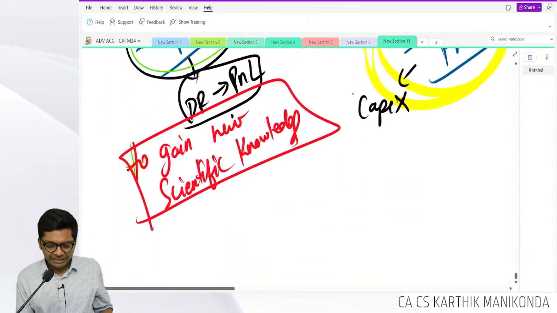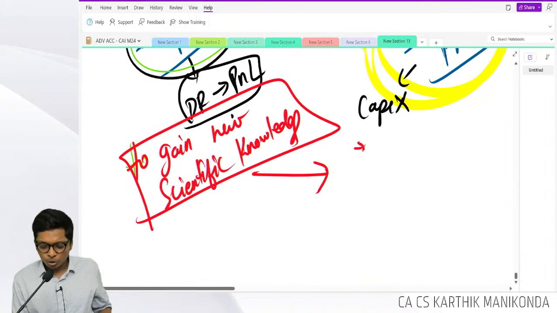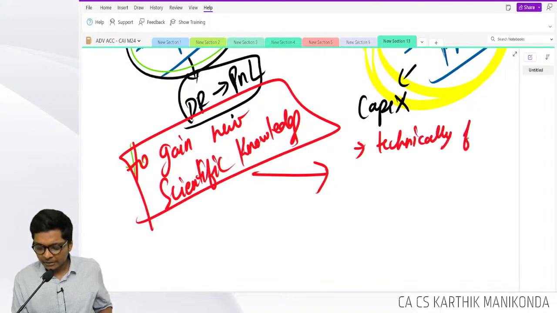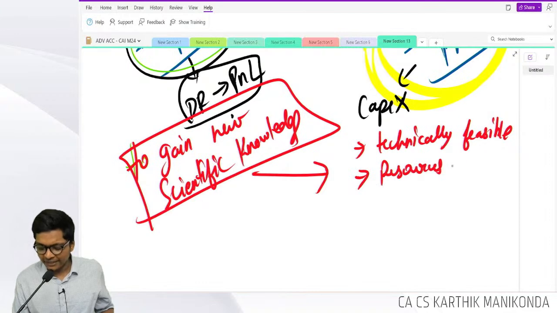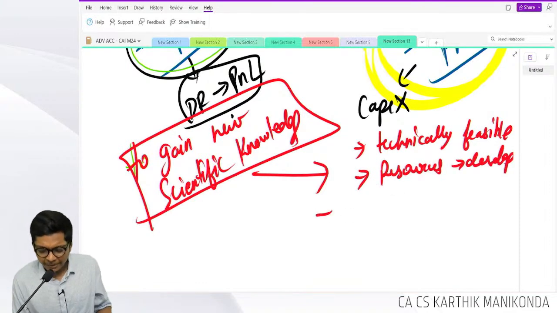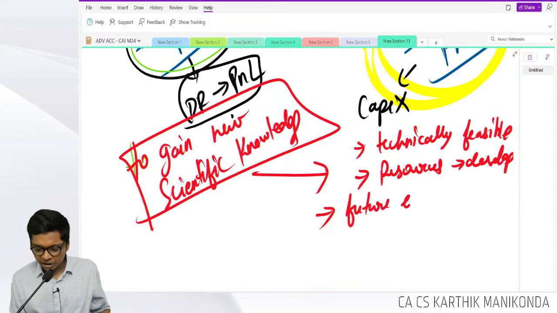Once I know it's technically possible, think of Neuralink, guys, technically possible with the current resources available, can I develop? Yes. Will people pay and buy it? Yes. There are going to be future economic benefits.